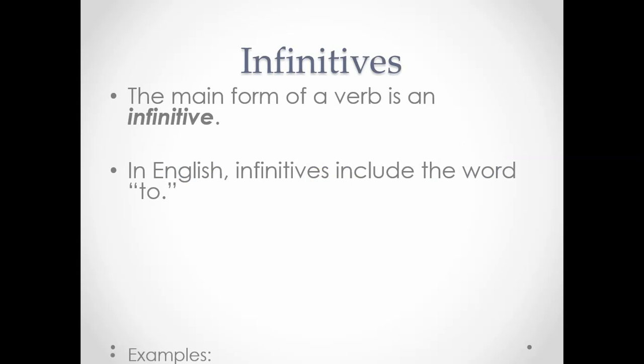Three examples of infinitives in English could be to dance, to walk, and to sing. So this is a verb when it has not been changed in form to match with a certain subject.